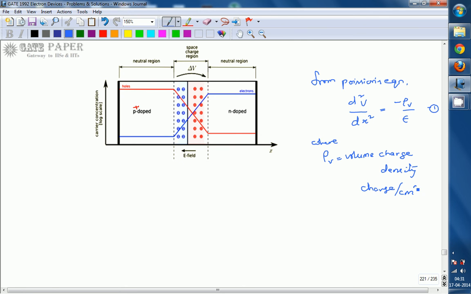First of all we will draw rho v, and from that we will calculate the electric field. Over this point we draw a vertical line, and this is the axis for rho v with respect to the x direction.